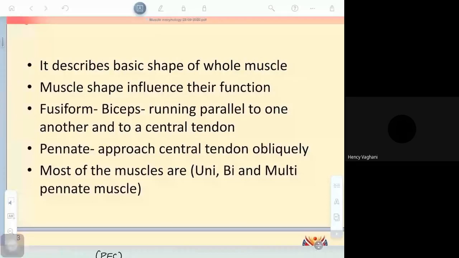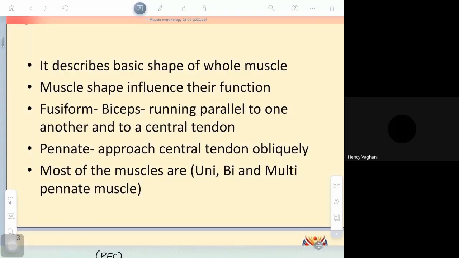The function of any muscle depends on the shape of the muscle. So today we are going to discuss the shape, not the types.